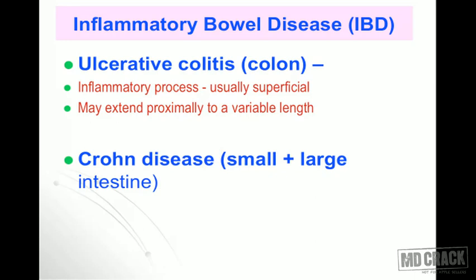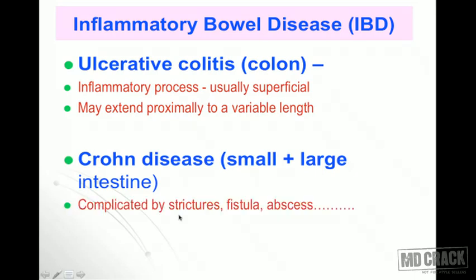Whereas in Crohn disease, small and large intestine both are involved in the pathology. And Crohn disease can get complicated by formation of strictures, fistula or abscesses. So that's the difference between ulcerative colitis and Crohn disease.